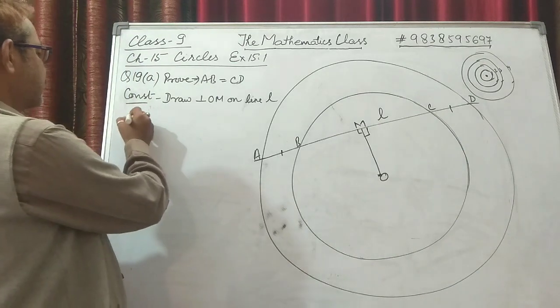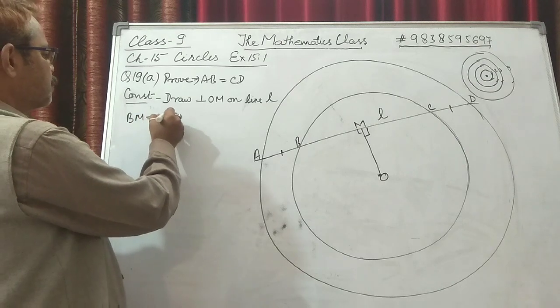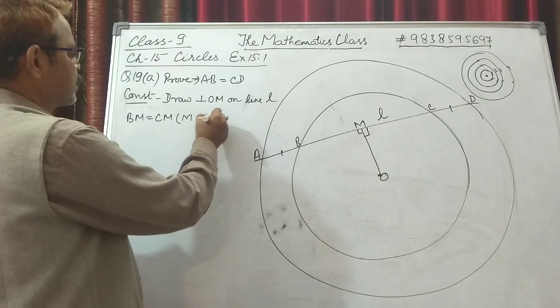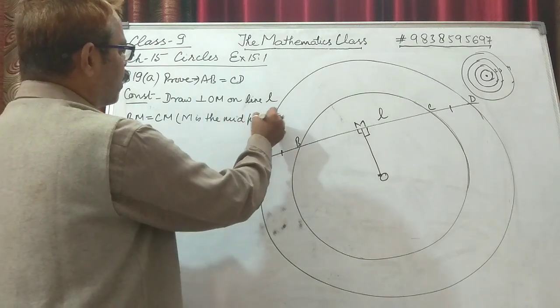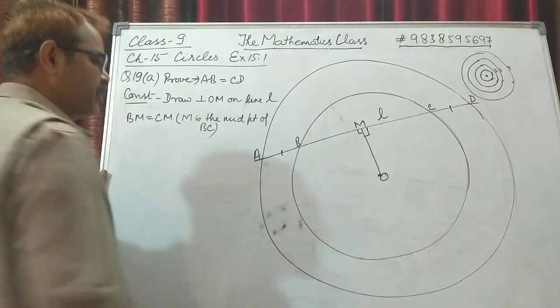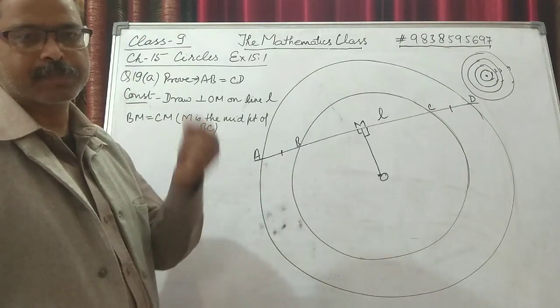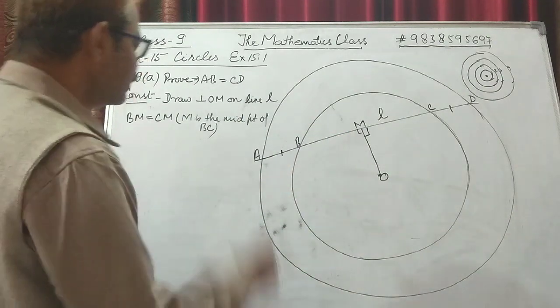So in this way we can say that BM is equal to CM, because M is the midpoint of BC. The reason I have explained: from the center, if a line is drawn perpendicular to the chord, it bisects the chord. So M is the midpoint.